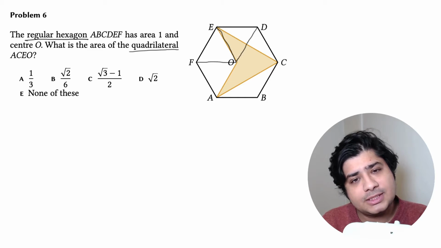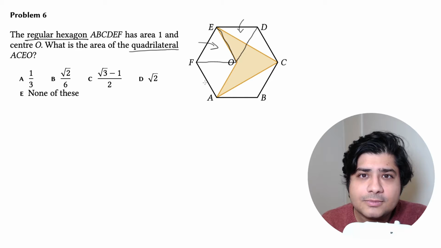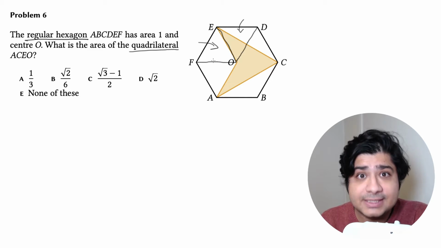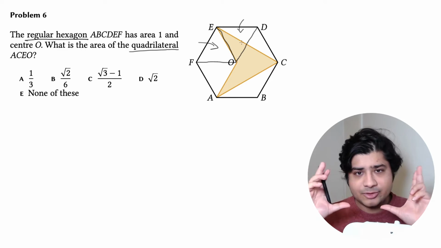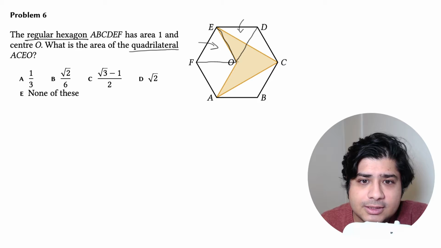What is the similar thing between this triangle and this triangle? Well, if you can see, this is a regular hexagon, right? Which must mean that they have to have the same area. It's really just the same triangle, just flipped. Okay, that's cool. Let's continue splitting it up like that.